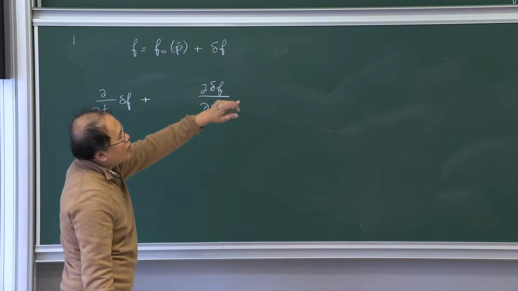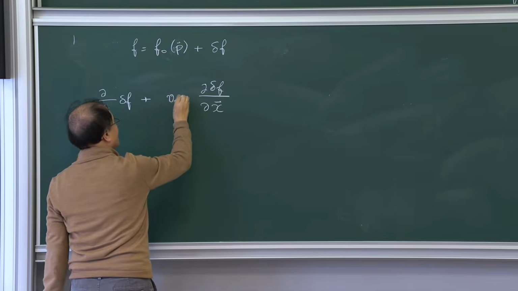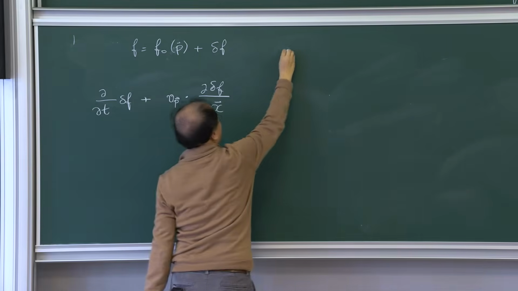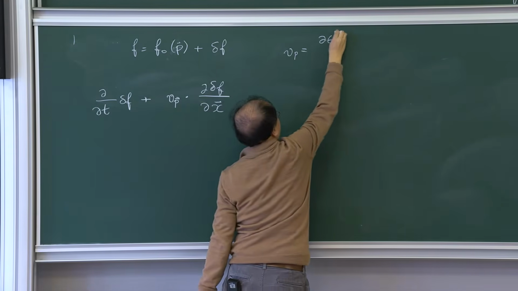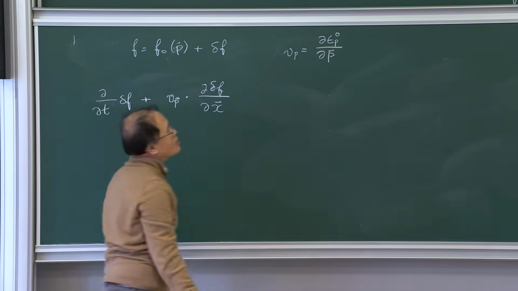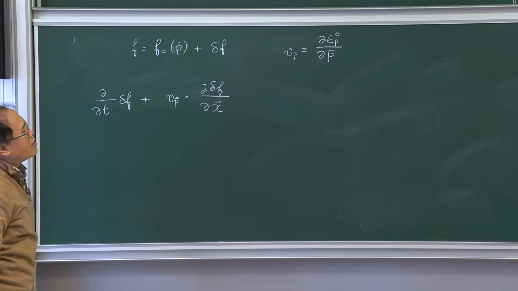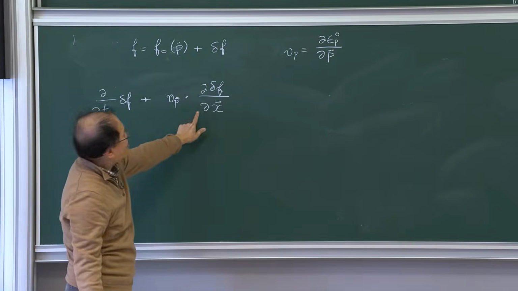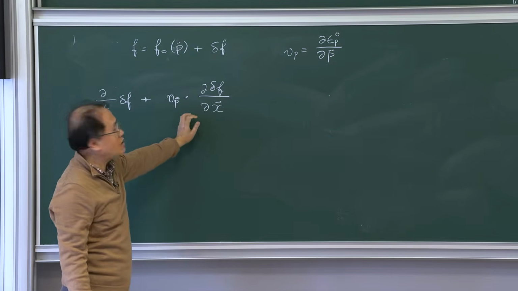But x dot, at linearized order, I can replace with the group velocity v of p, associated with the function epsilon p0. That is the energy of a particle without taking into account the influence of other particles. The correction that I omit here is of order delta f squared.